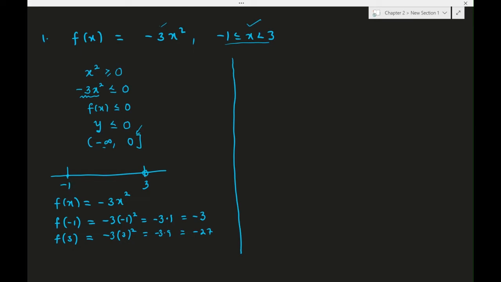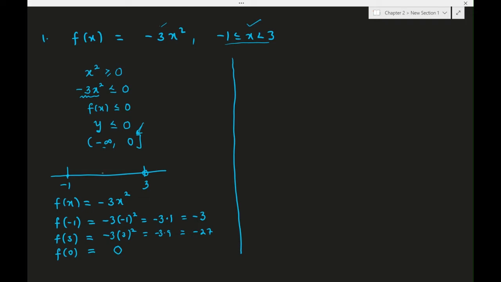Now, in between minus 1 and 3, you can take as many numbers as you want, but I recommend that anytime you have 0 between the two ends of the interval, always try it. So let's try f of 0. f of 0 in this case will be 0. So this is not what we need, because we already have 0, which we know is the maximum value of y.